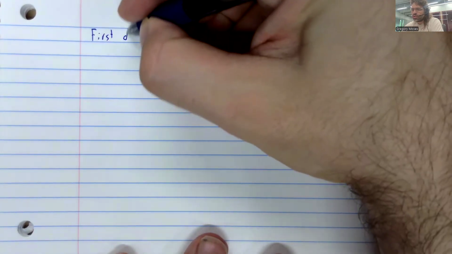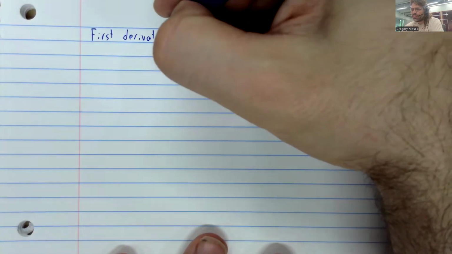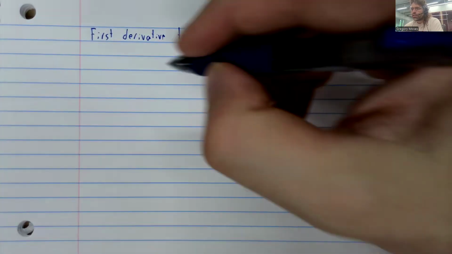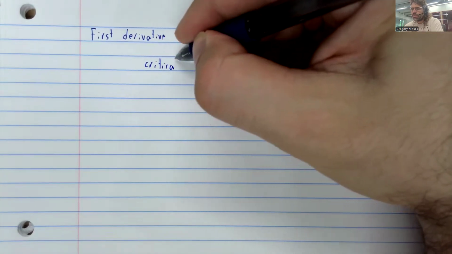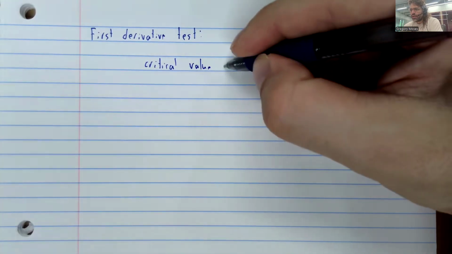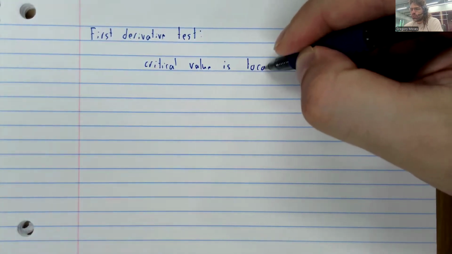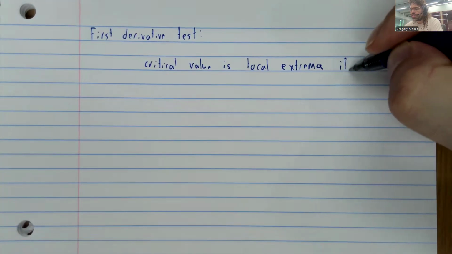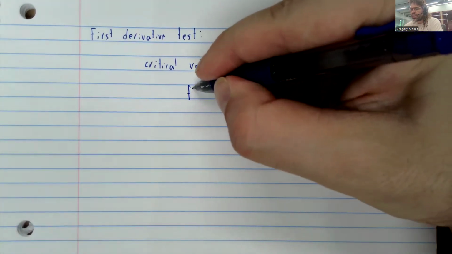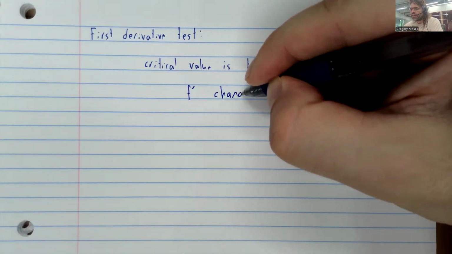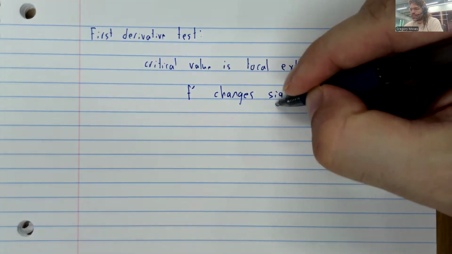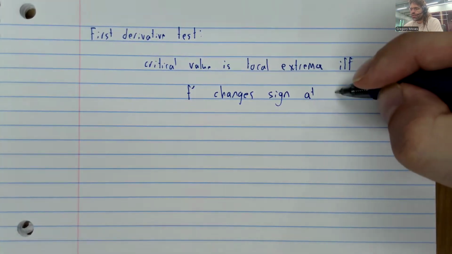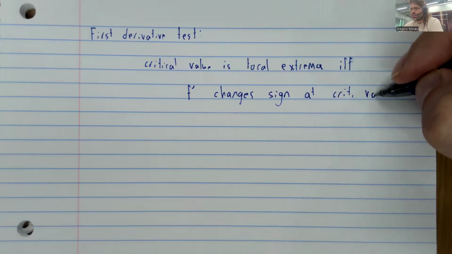So maybe before I remind you about sign charts, I'll remind you of the first derivative test, which says that a critical value is a local extrema if and only if the derivative changes sign at the critical value.